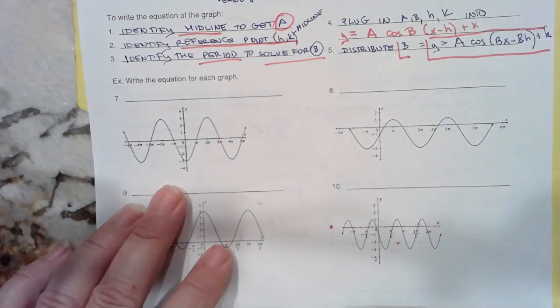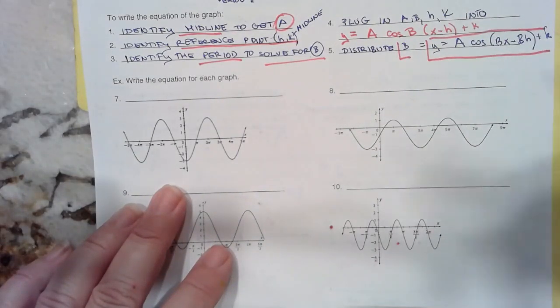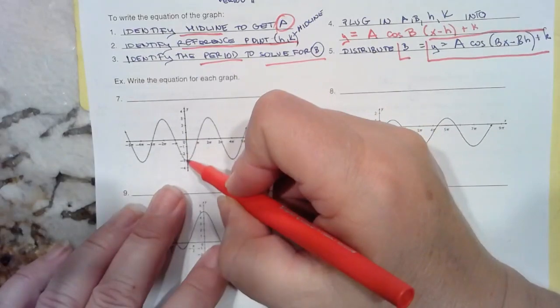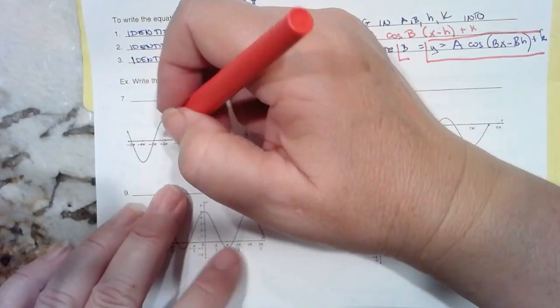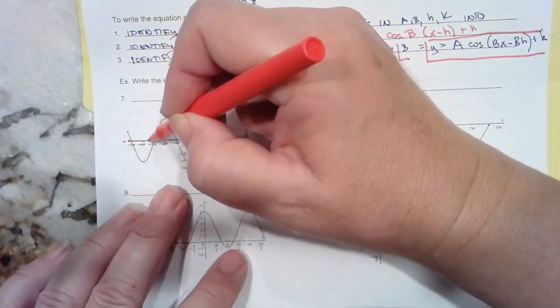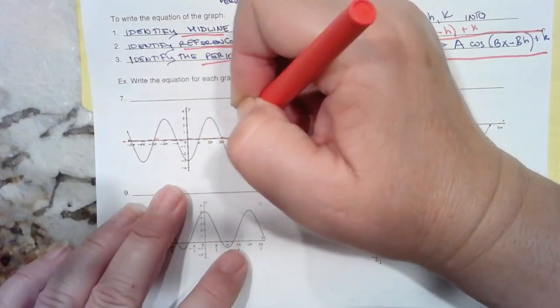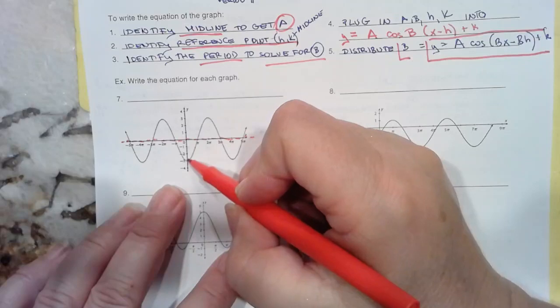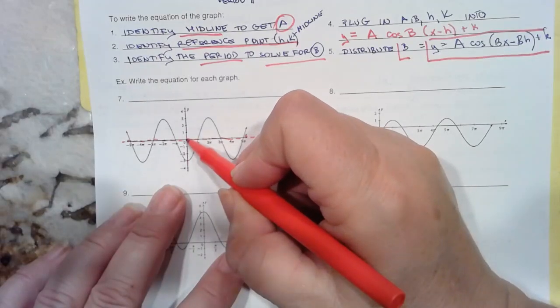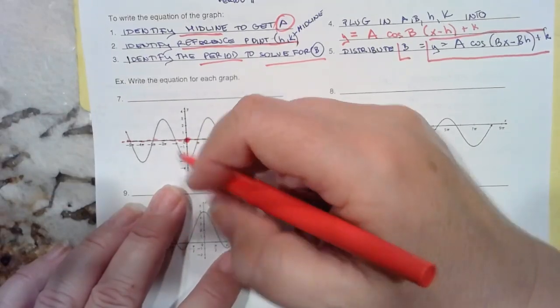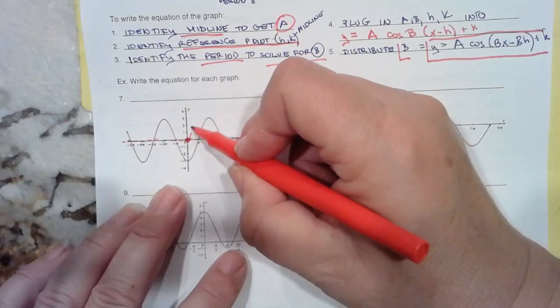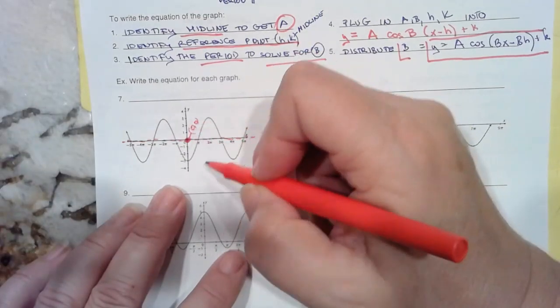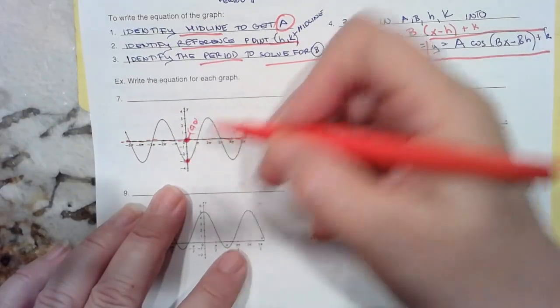I always need to identify where you start. In this case, I'm going to start here. My midline is the x-axis. So my reference point is going to be right here. This is my 0, 0, and this is your starting point.